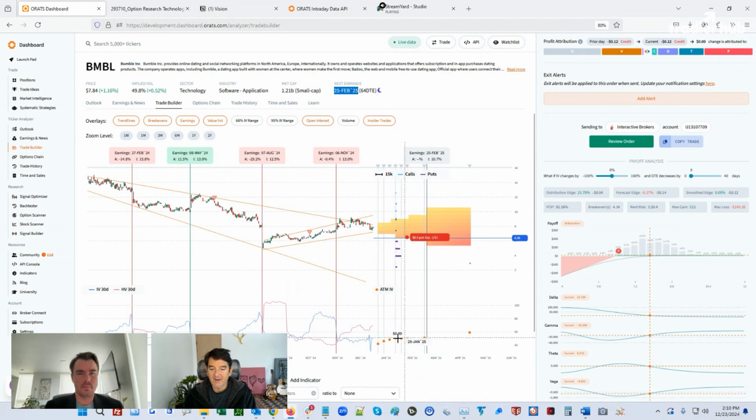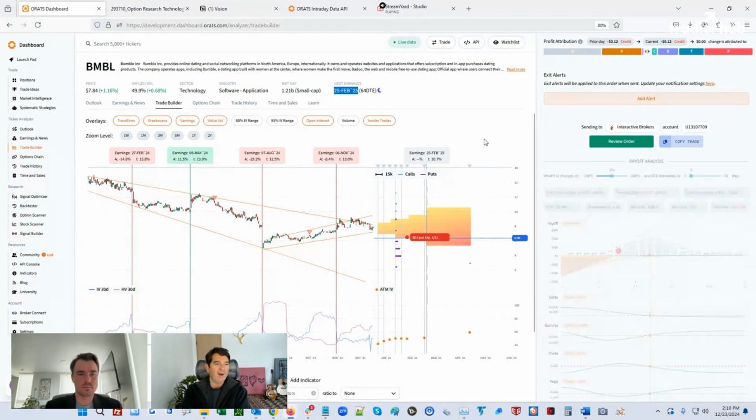This presents an interesting setup. This is called contango, when the front month is below the back month. But I don't see a whole lot of opportunity here.